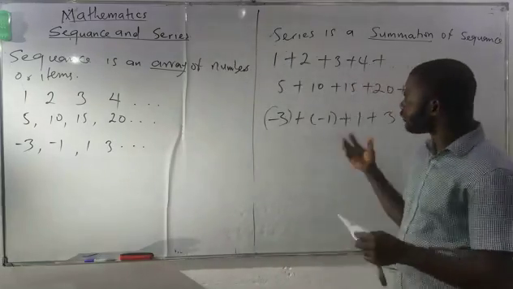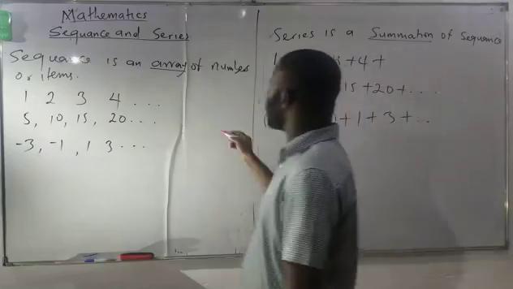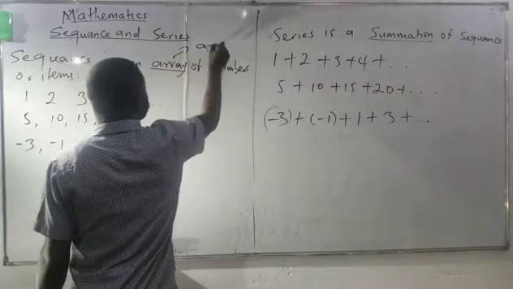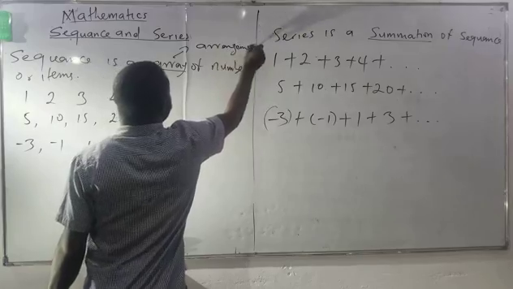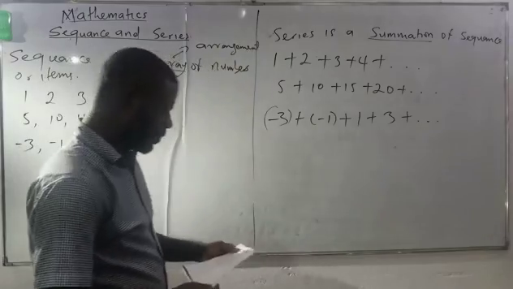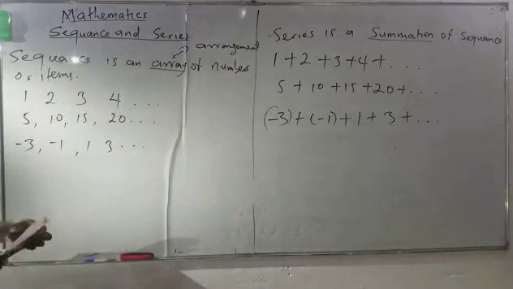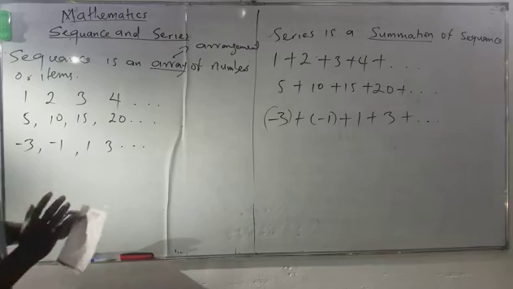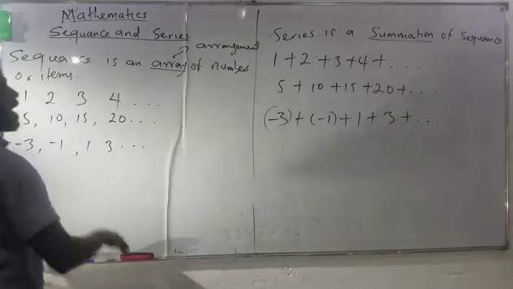From this, I've explained what is called array. Array means arrangement, whether in ascending order or descending order. This is what will now take us to pattern.